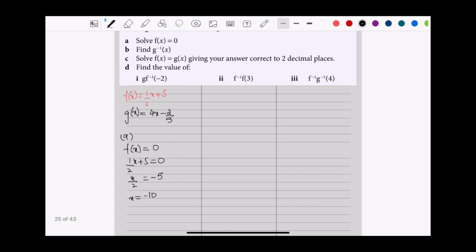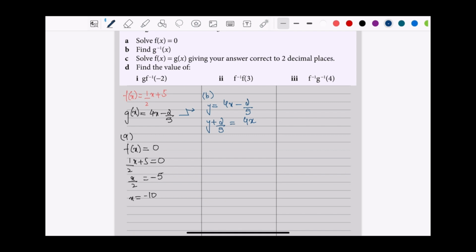So for part B, g inverse of x. For part B, g inverse of x, as I said before, first step, y equals 4x minus 2 over 5. Y plus 2 over 5 equals 4x.